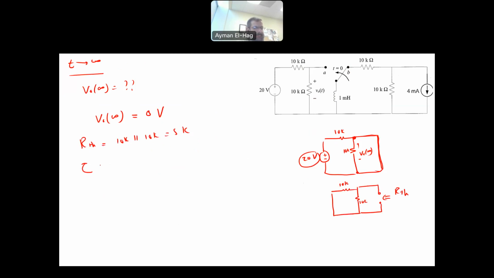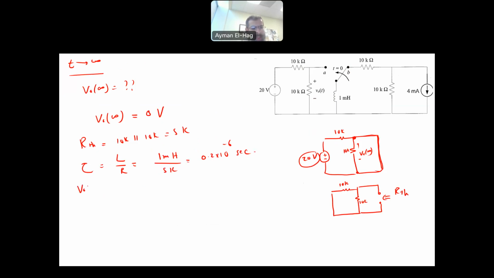The time constant is equal to L over R. The inductor is 1 millihenry divided by 5 kilo, so this gives me 0.2 times 10 to the minus 6 seconds. That is my time constant.